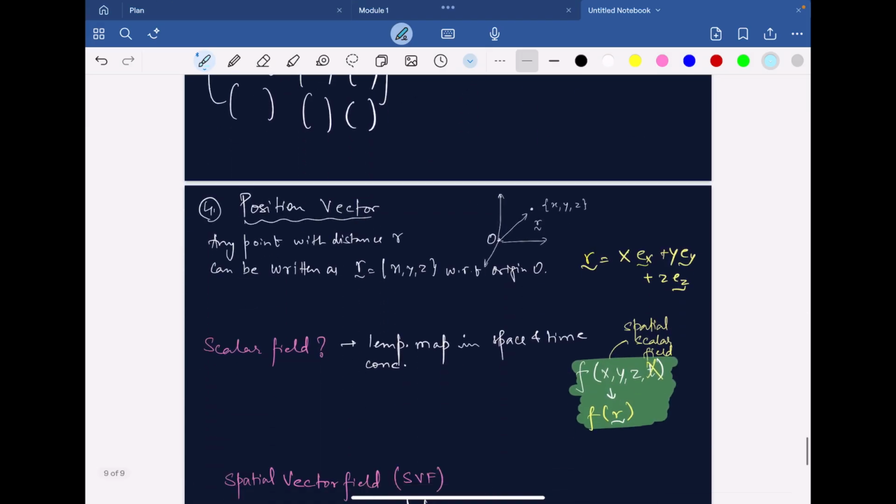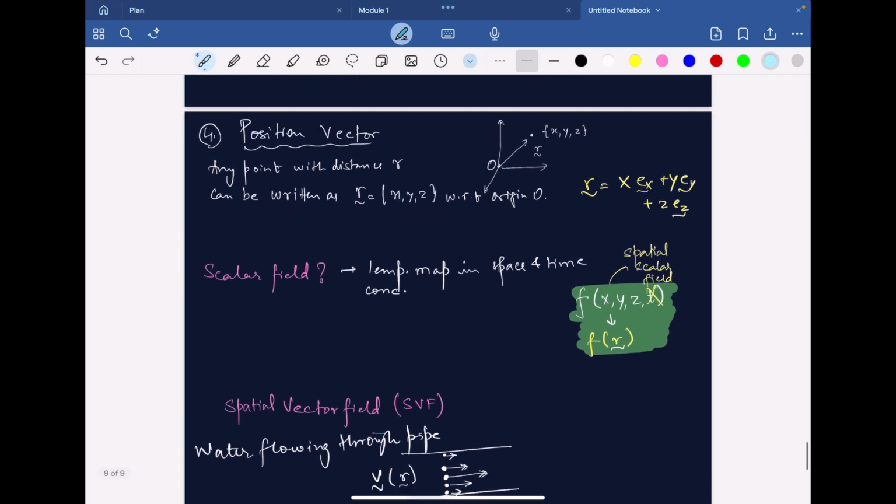All right, so we'll end this now with the description of the position vector. The position vector is an important aspect in transport phenomena, especially in fluid mechanics, that we will define any location in space, let's say that is XYZ, and that is represented by a position vector R, where R can be written as, or sometimes I may also write it as X vector.